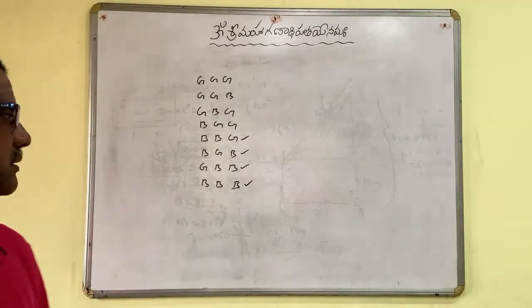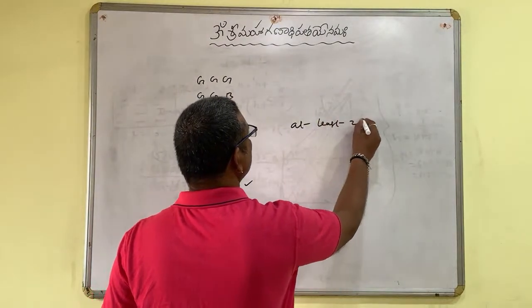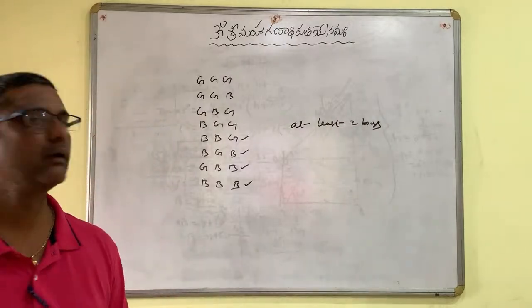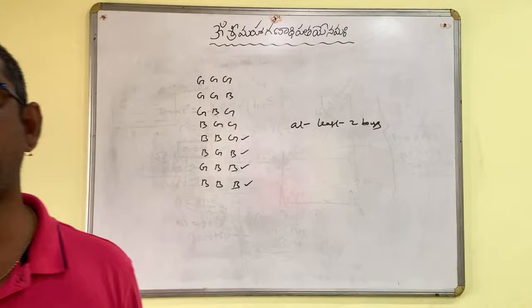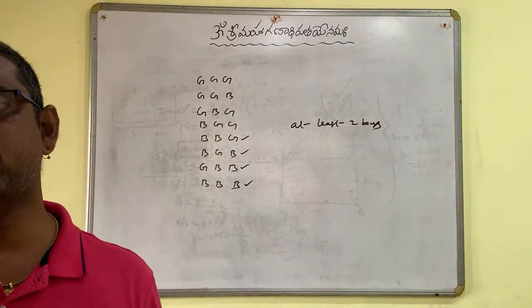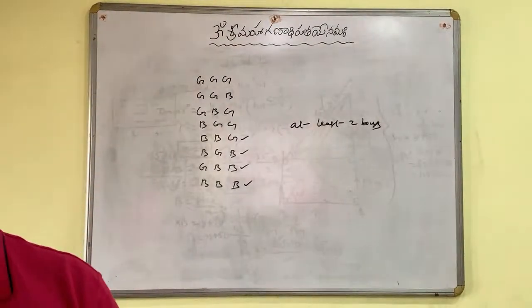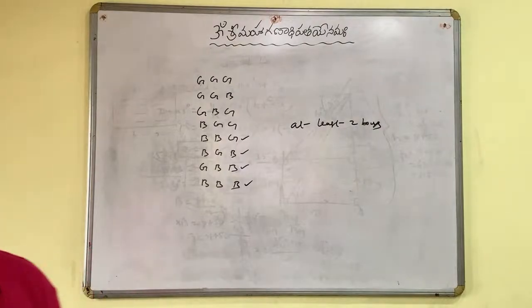What is our event? At least 2 boys. So the probability of having at least 2 boys is 4 by 8, which is 1 by 2. So section C is done.